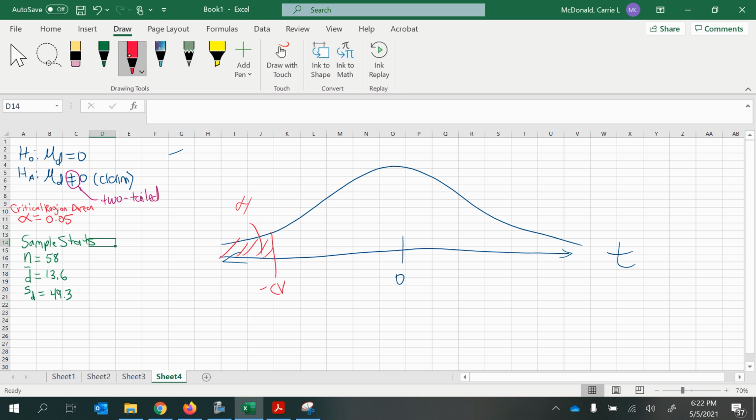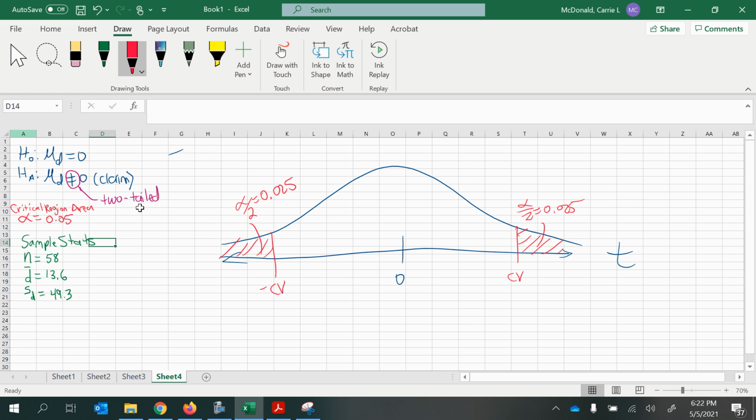So we have alpha half is 0.025, that's half of 0.05. And on this side, the positive critical value with an area of alpha half equals 0.025 again.